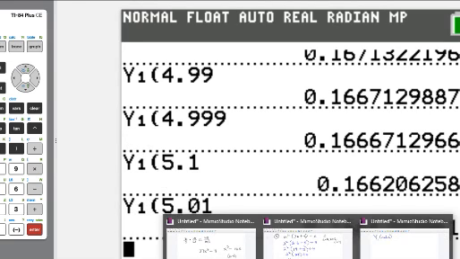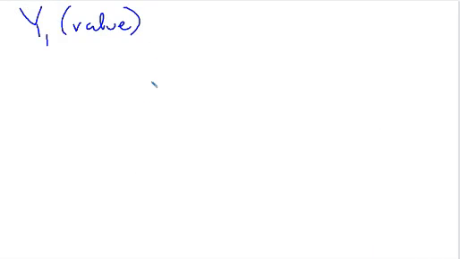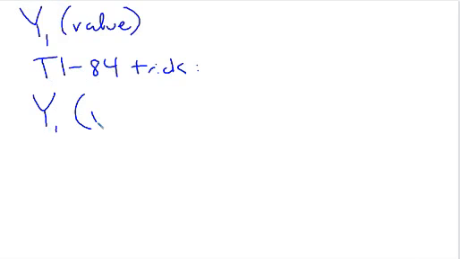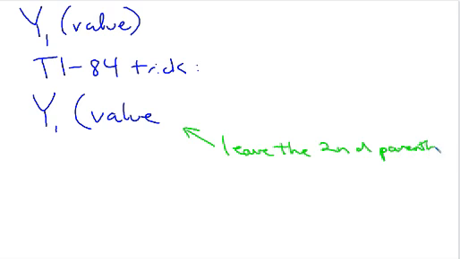Now what I'd like for you to do is, so let's make a note here. The TI-84 trick is to do y1 of your value and leave the second parenthesis off.